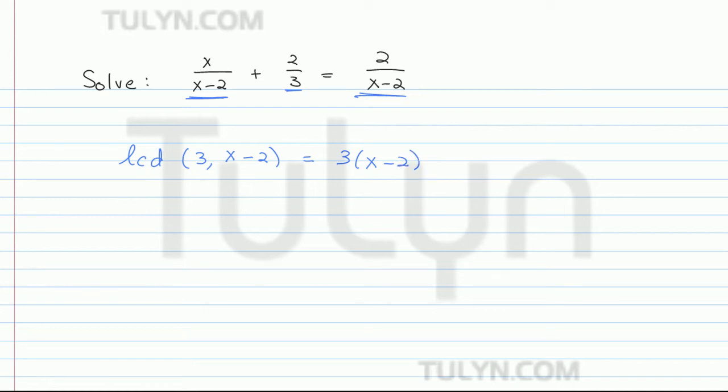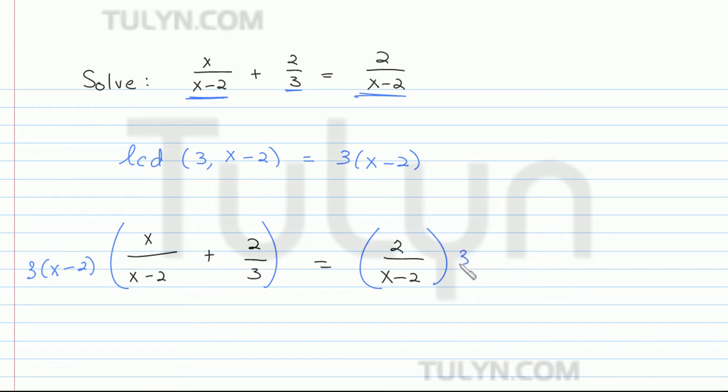So now we want to multiply both sides of the equation by that LCD. So x over x minus 2 plus 2/3 is equal to 2 over x minus 2. And we want to multiply the left side by 3 times x minus 2, and we want to multiply the right side by 3 times x minus 2, right?